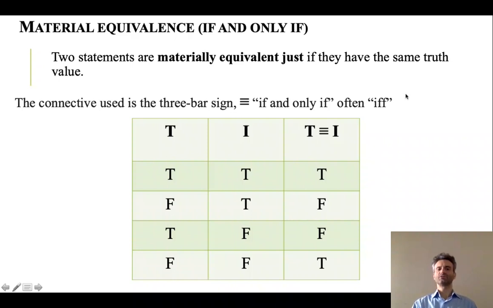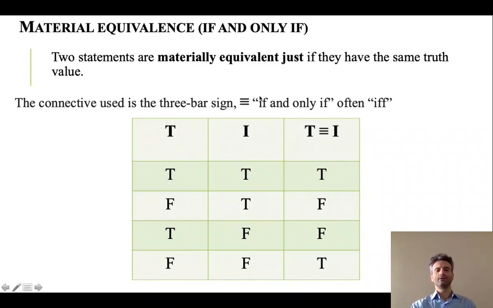Now, for the material equivalence, to be true, the compound statement has to have the same truth values for the statements. So every time the statements have the same truth value, the truth value for the compound statement is true.